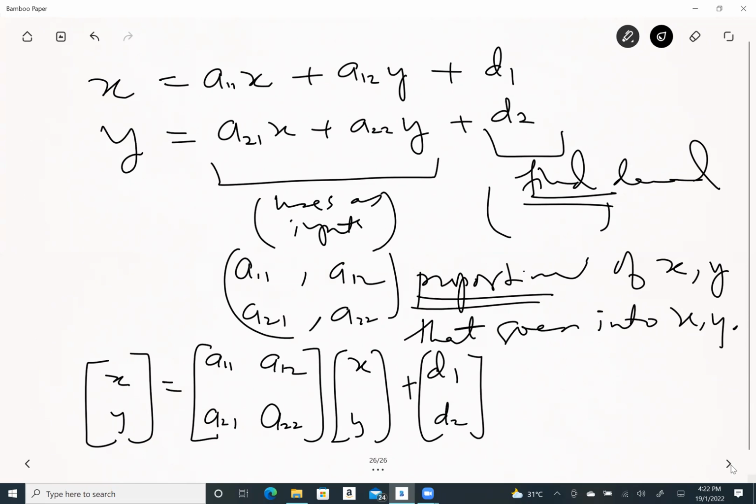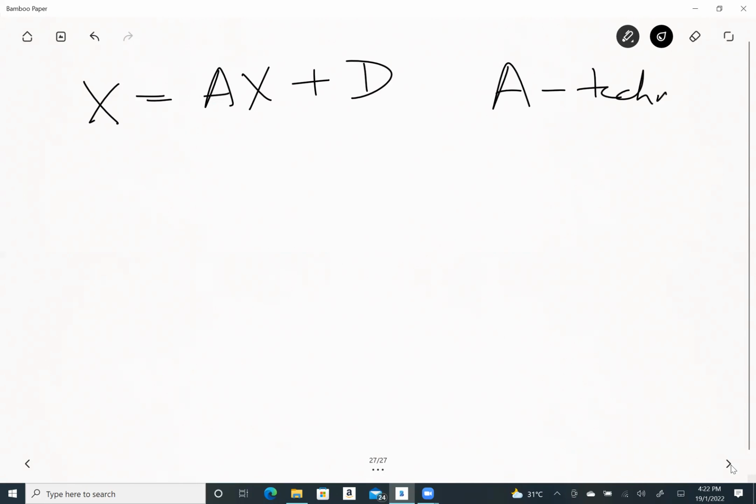It's a little bit different than AX equal to B. We have the following form: X equal to AX plus D. That D is the final demand. A we call the technology matrix. I will talk about that afterwards, a little bit.